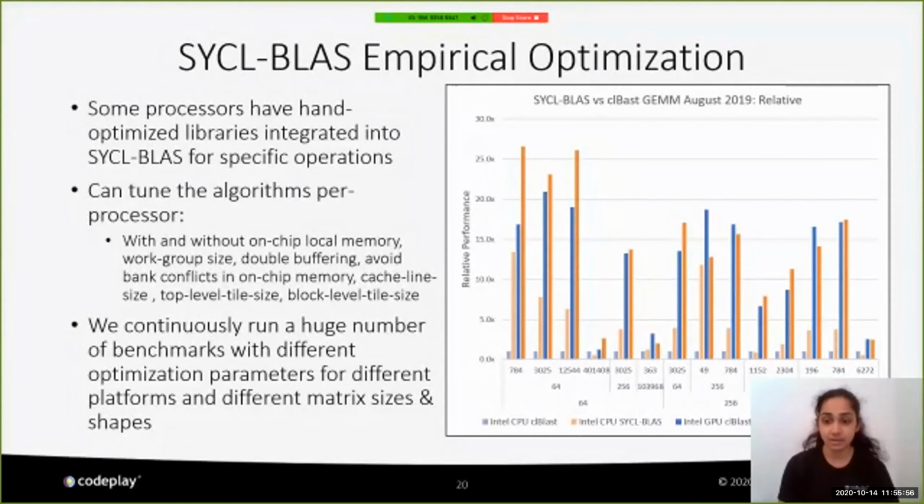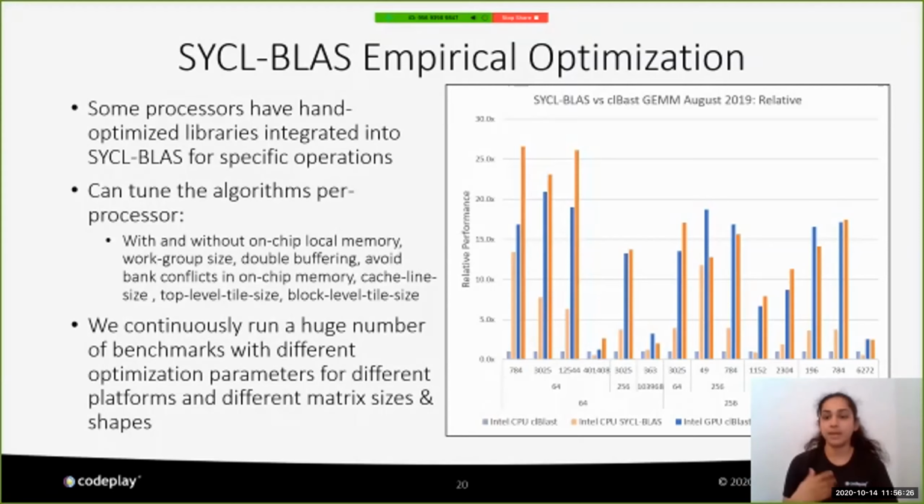SYCL-BLAS achieves really good performance on different processors by having hand-optimized libraries integrated for specific operations, based on which processor it is running on. SYCL-BLAS also supports tuning parameters for algorithms per processor, based on how much on-chip local memory is available, what the work group size is, whether double buffering is available or not, whether there are bank conflicts on the on-chip memory, and what the cache line size is.